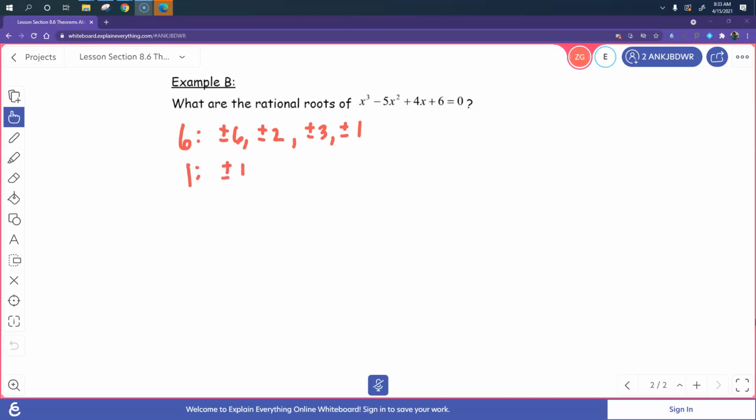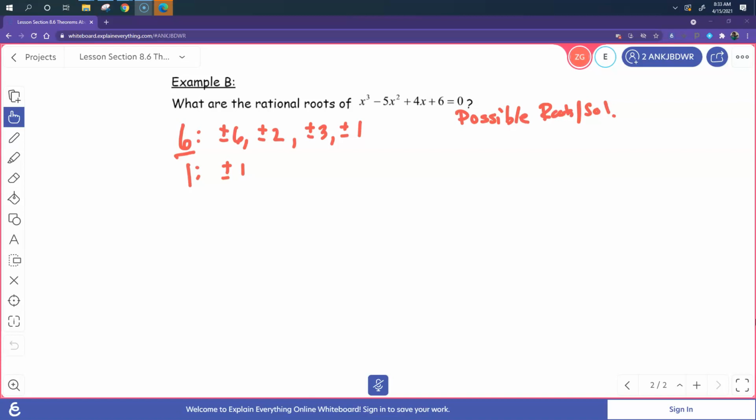Now I'm going to list the possible roots, or I should say solutions. It's going to be the possible factors of the constant over the leading coefficient. I'll write it out.